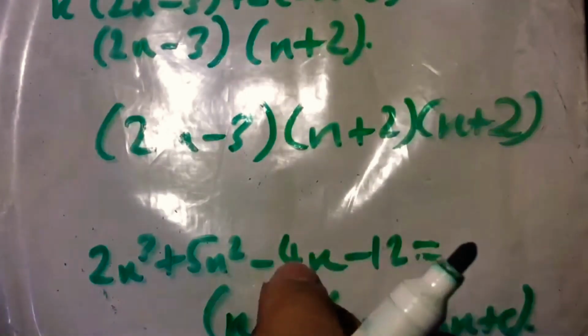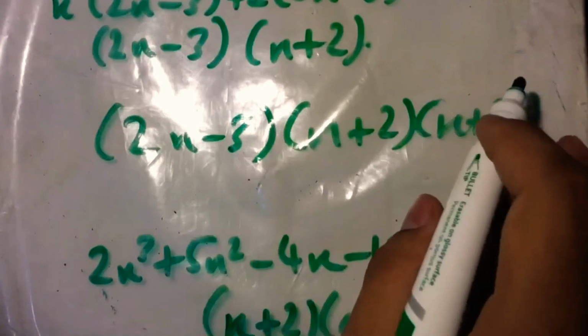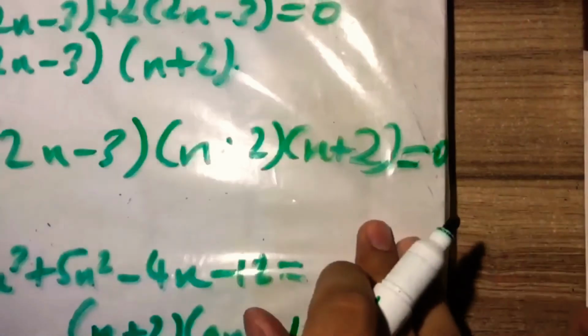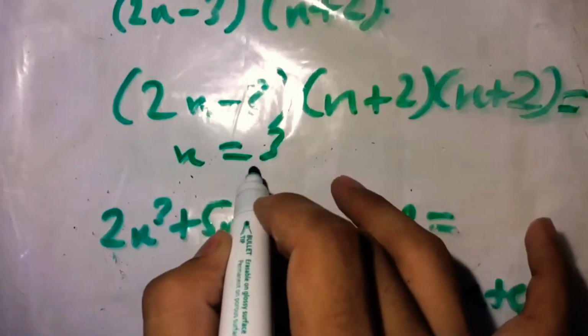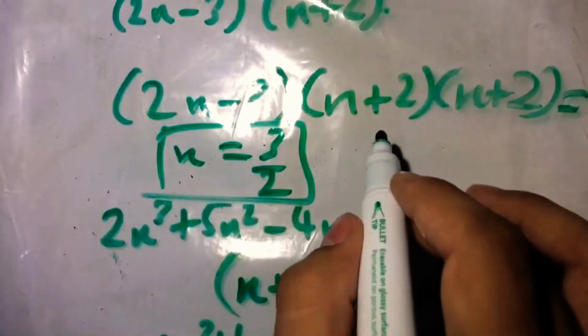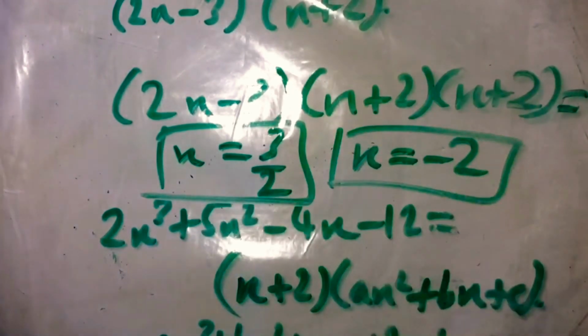Now if you want to find the coordinates of x, we'll equate this with 0. X will come equals to 3 upon 2 or minus 2 twice.